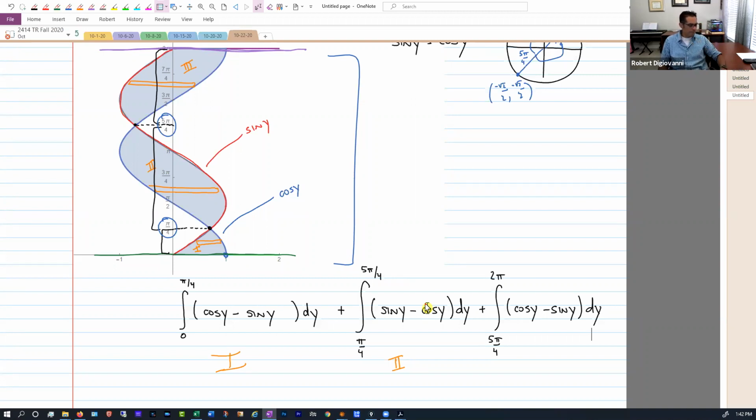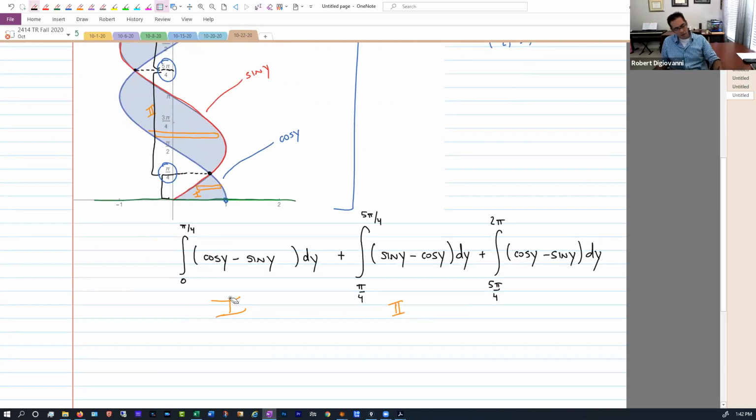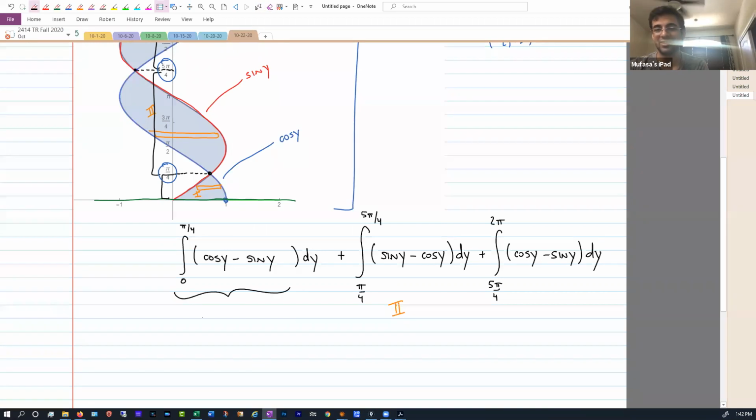Sure. So in this case, we need to find the antiderivative of all of these. And the antiderivatives are straightforward, right? The antiderivative of cosine is just going to be sine of y. The antiderivative of negative sine y is cosine y. And then you plug in your endpoints.